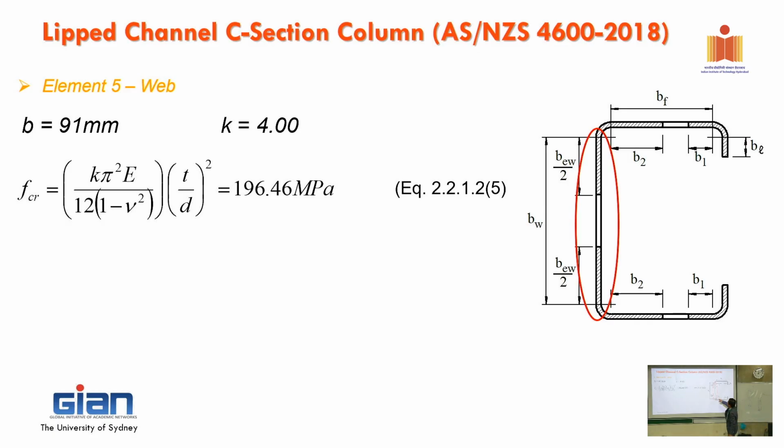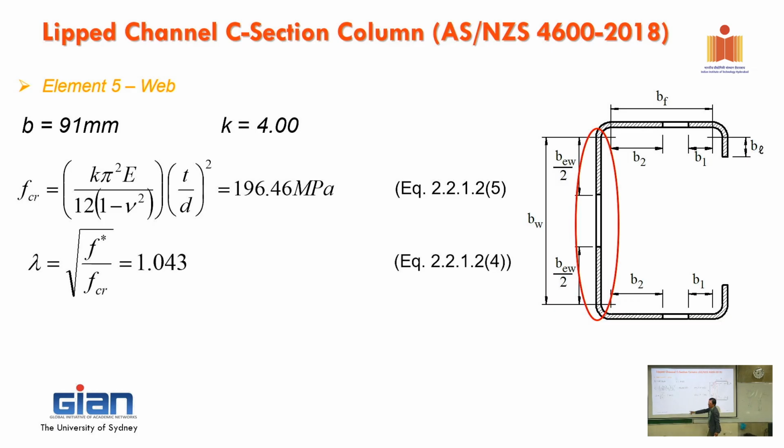Right, easy. So for element 5, B is 91. Remember B is the flat one; you have to subtract those two corners. And you got B, you got T, you got D, you got everything. K is 4, as we agree. Then you can calculate the buckling stress, and from the buckling stress you calculate lambda, the slenderness.